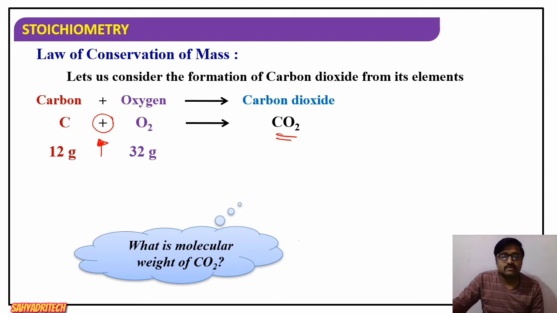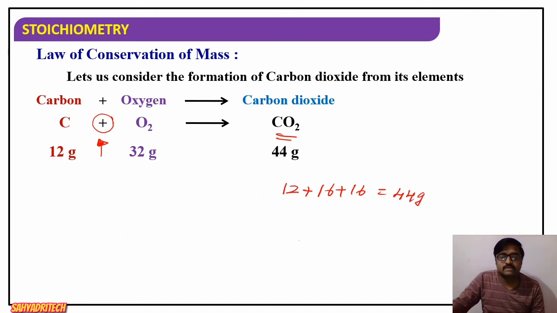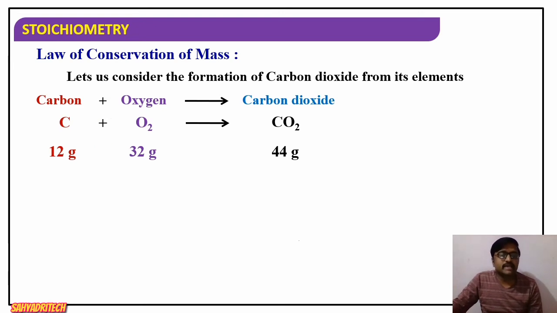One carbon is 12 gram, plus two oxygen 16 plus 16, which is 32. 32 plus 12 is 44 gram. So the molecular weight of CO2 is 44 gram. Now, if we compare, during a reaction, what happened? Carbon is one form of matter.